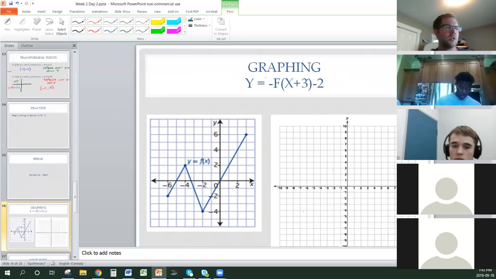So the transformations are, first we're going to be reflecting it over the x-axis, and then moving it to the left 3, and then moving it down 2.